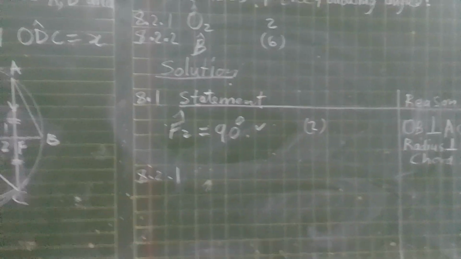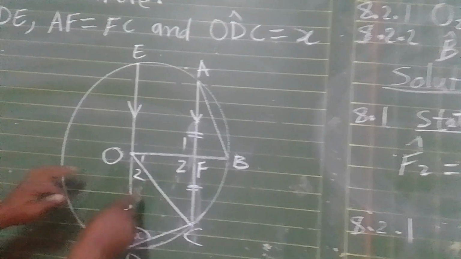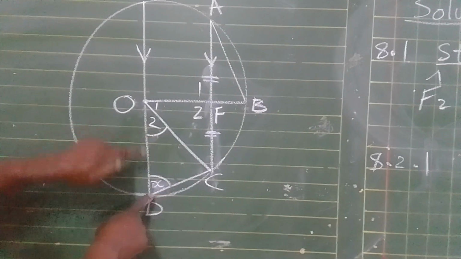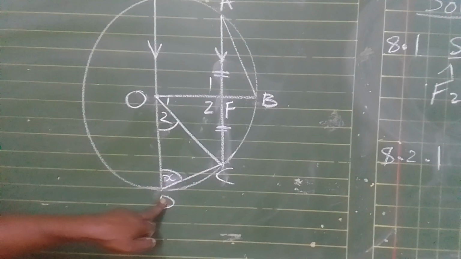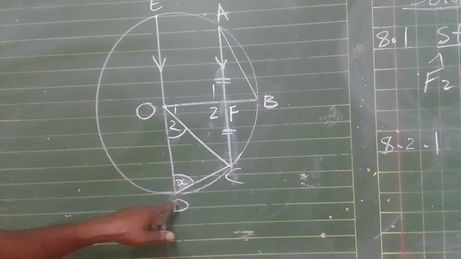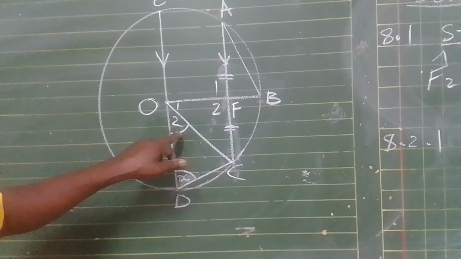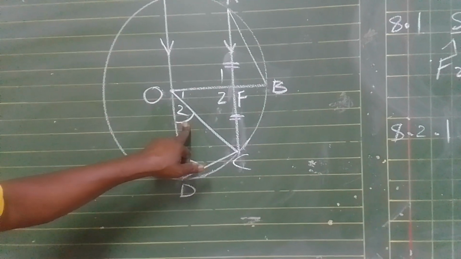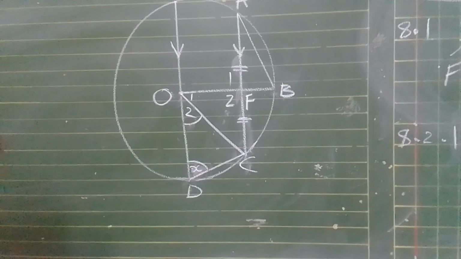Let's check O2. O2 is right here, and it is in the given angle D, which is X. So we use this triangle ODC to calculate O2, because they say we must use O2 in terms of X.